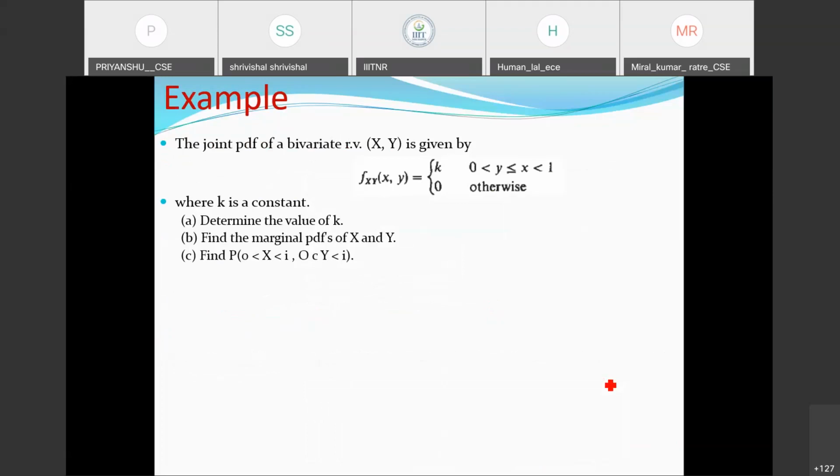The joint PDF of the bivariate random variable XY is given by this one.